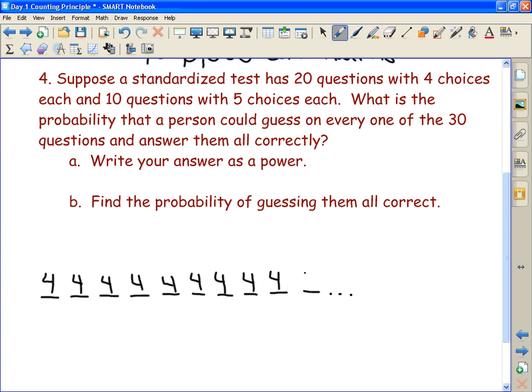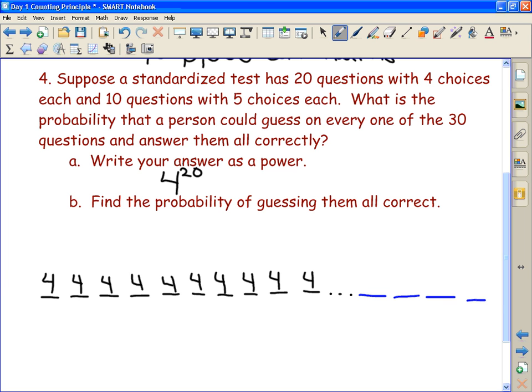So I have 4 choices all the way there. So the way that I'm going to write that as a power would be 4 to the 20th because I have 4 choices for 20 problems long. Okay. And I also have 5 choices, so the test isn't over. I have 10 more questions that have 5 choices each.